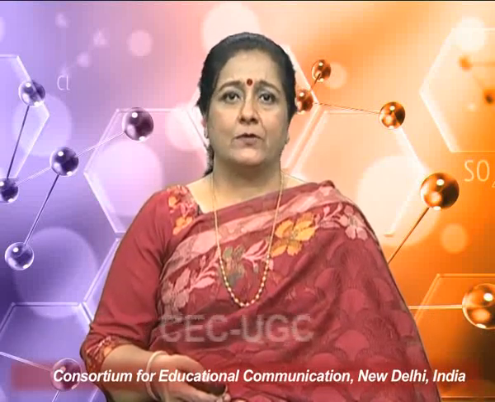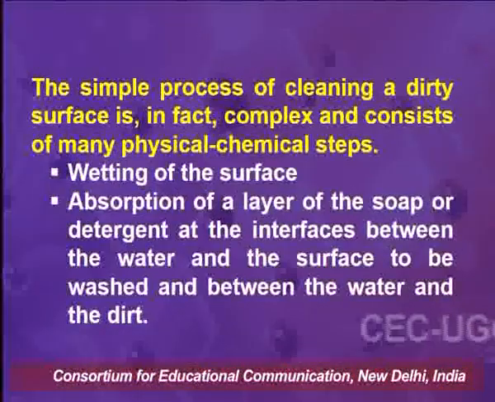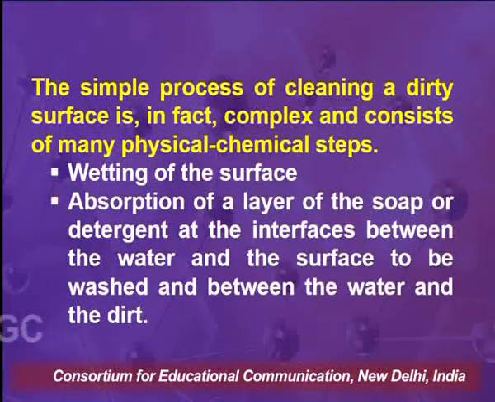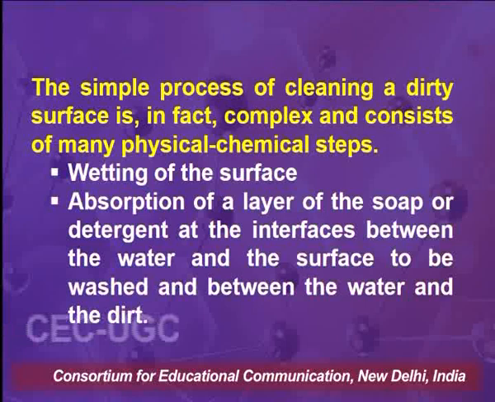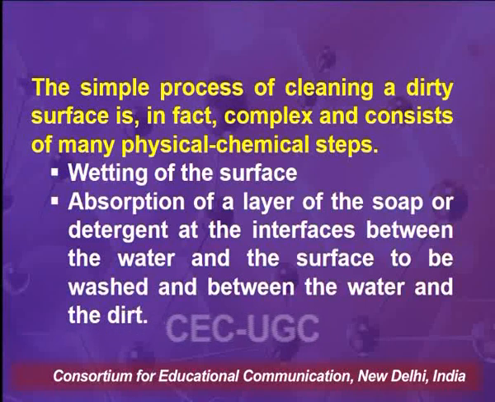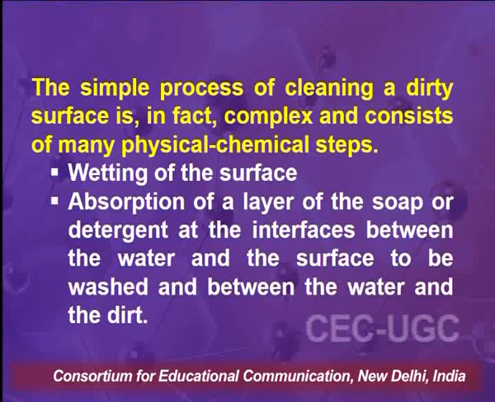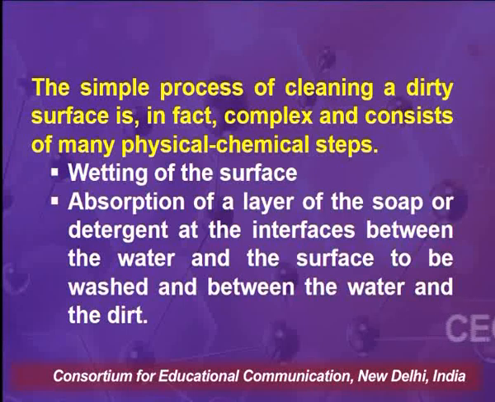When we clean a soiled surface or a dirty cloth, the simple process is actually very complex and consists of many physical and chemical steps like wetting of the surface, absorption of a layer of the soap or detergent at the interface between the water and the surface to be washed, and also between the water and the dirt.